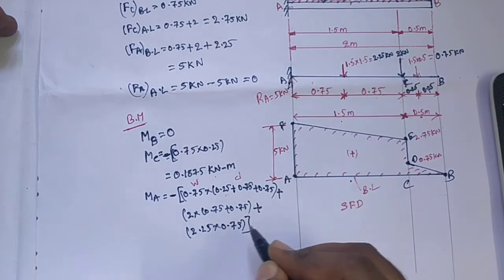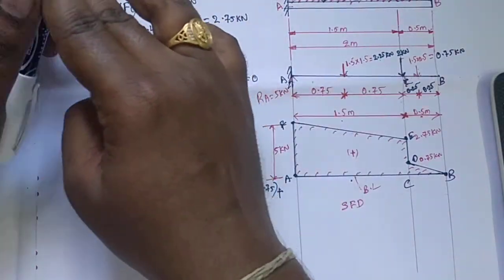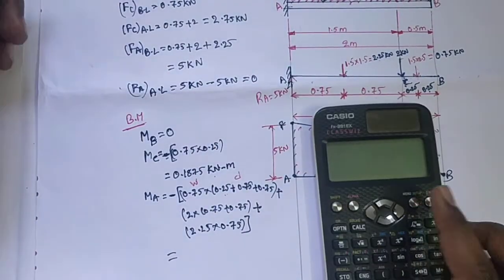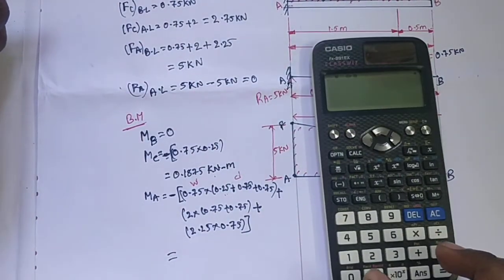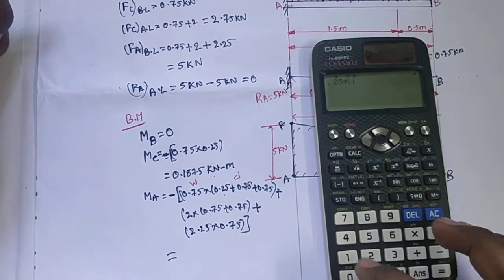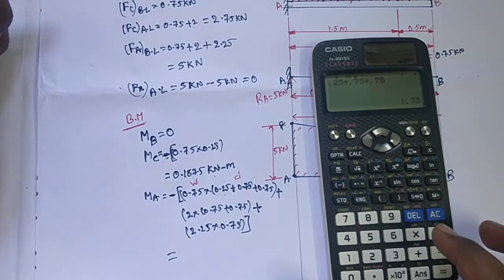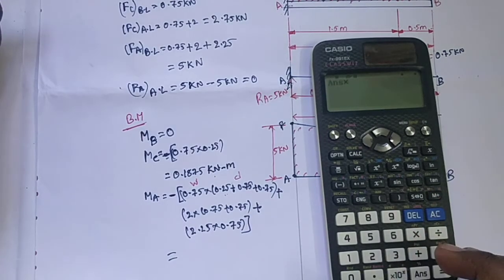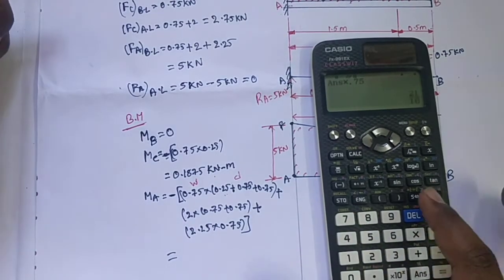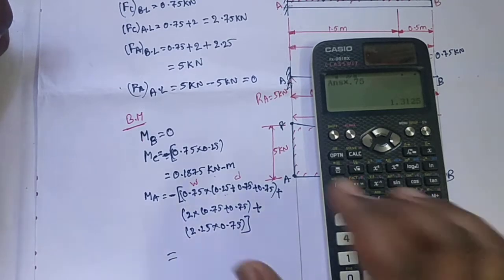0.75. Okay, then total, simplify this equation, we will get the value. First one, 0.25 plus 0.75 plus 0.75, the total distance is 1.75 into the load, 0.75, that is 1.3125.